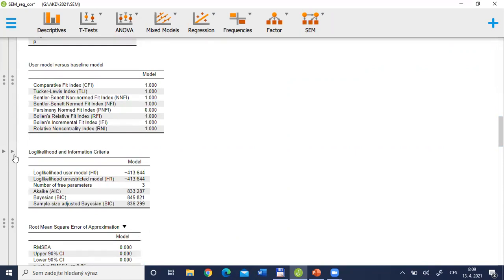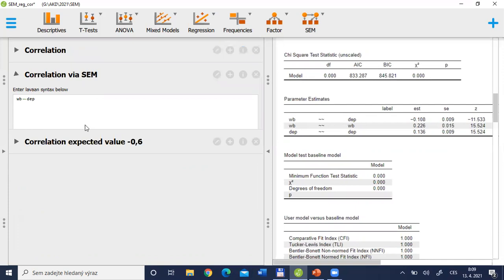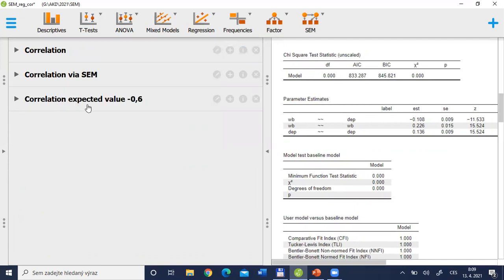So, as it is impossible to test this model, we decided to move on and test some expected value. For example, from a previous study, we have some recognition that the correlation could be approximately minus 0.6, and we would like to test whether it is still the value which is valid for our population.